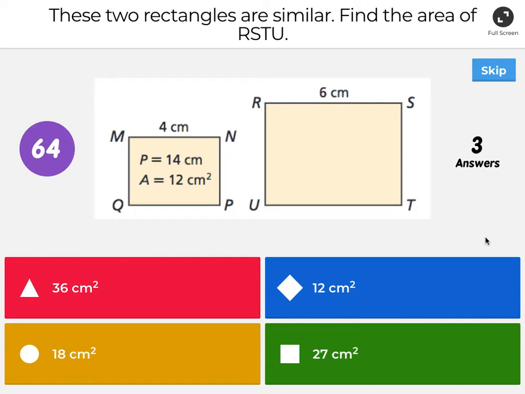So you should have now already gotten to the point that the area ratio is the similarity ratio squared. So 3 squared is 9, 2 squared is 4. So the area ratio is 9 over 4.